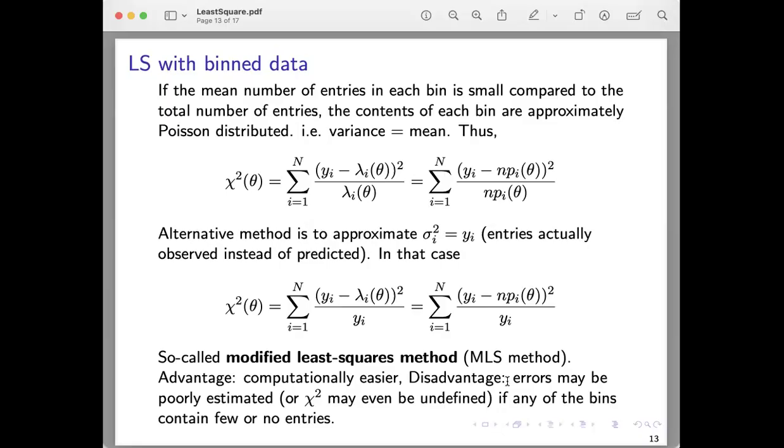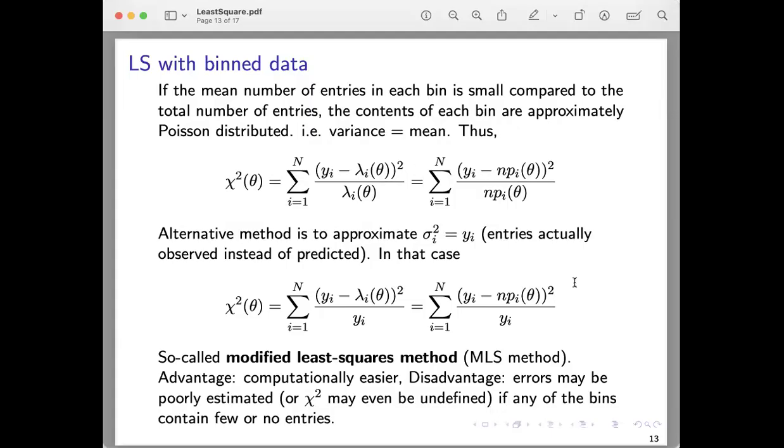So since lambda_i is the expected number of events in bin i, assuming that's the true mean, you can write the variance as lambda_i. Now our chi-square becomes the sum of (y_i minus lambda_i) squared divided by lambda_i, or in other words, you can rewrite lambda_i in terms of the probabilities, n times p_i. So that is one way of defining the chi-square.